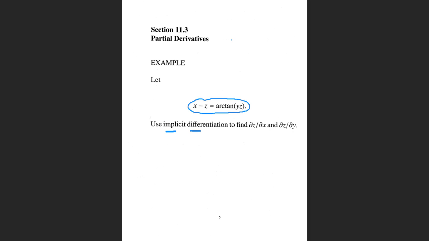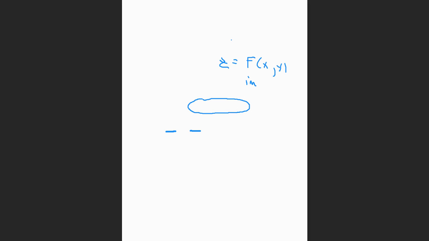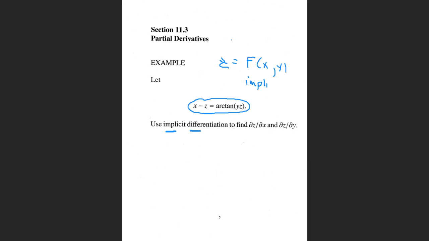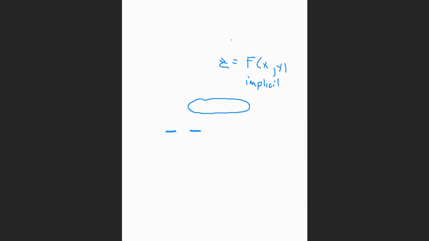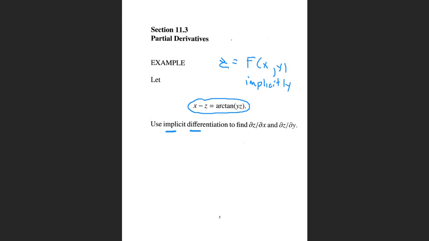We understand that z is implicitly a function of x and y. But we can't isolate z and write it as a function of x and y.